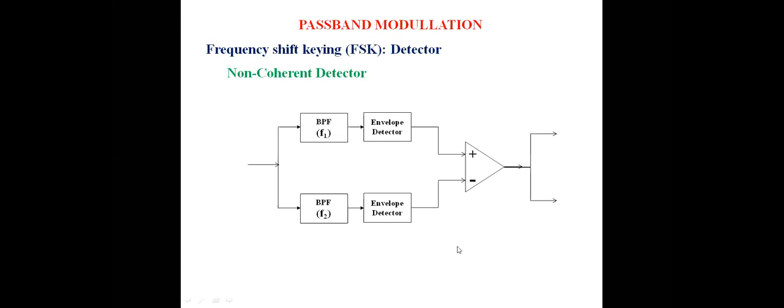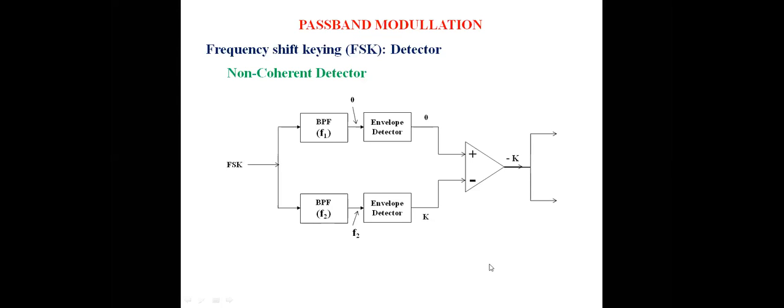The same way, if FSK has a frequency F2, the output of the upper band pass filter is 0, the output of the lower band pass filter is at F2, the output of the upper envelope filter is 0, whereas the output of the lower envelope filter is some constant. So when these two are compared, the output is negative.